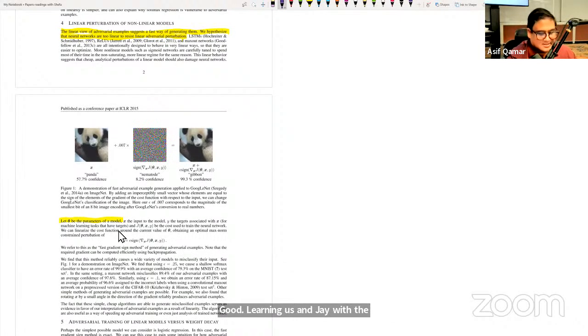So the only difference is that my L is J. The cost is J. We can linearize the cost function around the current value of theta, obtaining a max norm constrained perturbation. So now, this is the perturbation, the delta x kind of thing: epsilon times the sign of the gradient. We refer to this method as the fast gradient sign method.